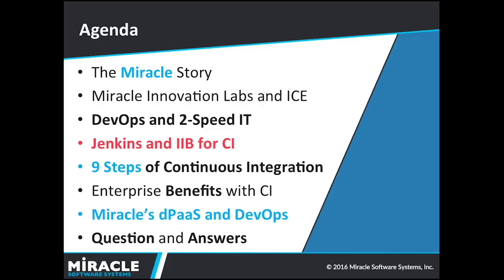After that, Kunal will be talking about Jenkins and IIB and how you can use them together, after which he'll be talking about the entire cycle of continuous integration, followed by talking about the enterprise benefits of using a CI tool. At the end, we'll also be talking about Miracle's development platform as a service model, after which we'll have a quick Q&A session.